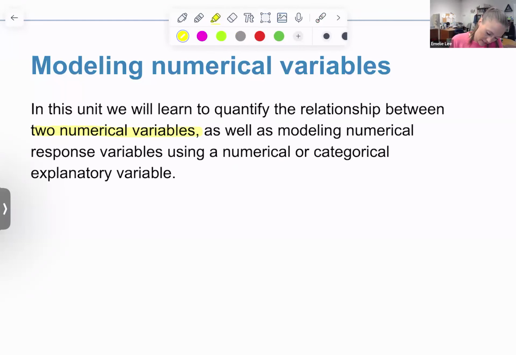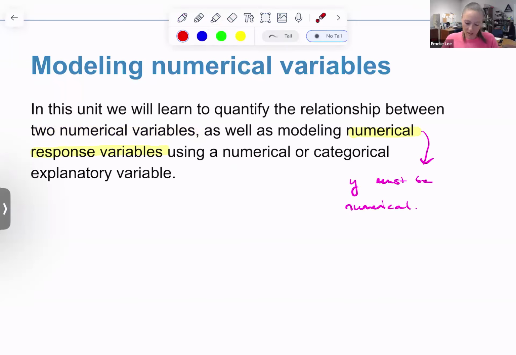But generally, I will highlight that the response variable has to be numerical. Okay. And so y must be numerical.